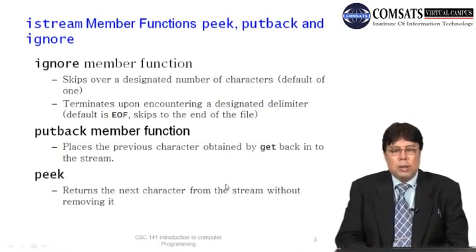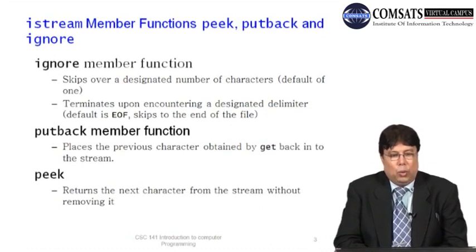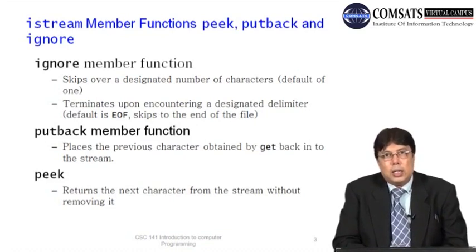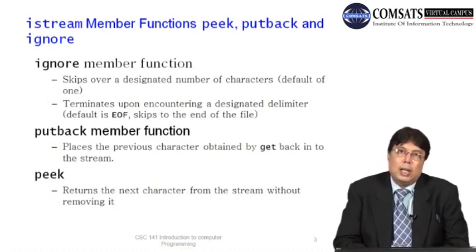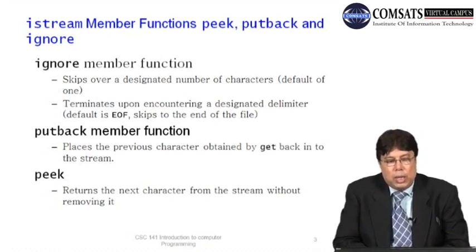Once the buffer is full, then the output is printed and the buffer is flushed, meaning it is emptied. So the iostream member functions peek, putback and ignore, these are the member functions of iostream. The ignore member function, first of all, skips over a designated number of characters, and by default it is 1. It terminates upon encountering a designated end of file, and I told you the default end of file in our case is Control Z. So it means that it skips up to the end of the file.